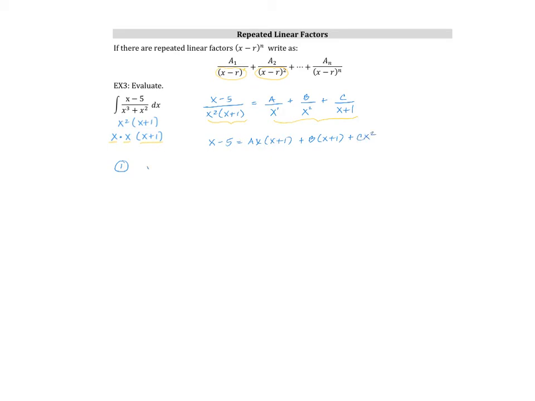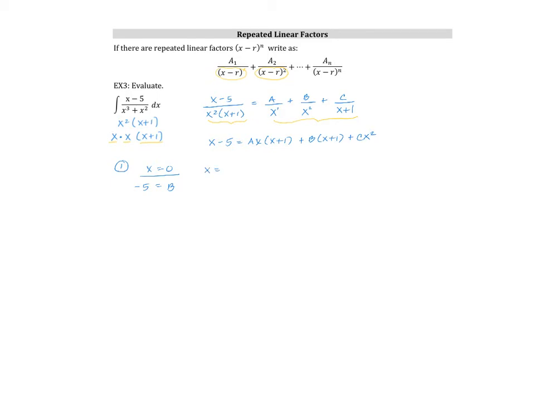So notice that if x is equal to 0, then I have negative 5 is equal to, and the a and the c terms will be gone. If x is 0, I have b right away. b is equal to negative 5.